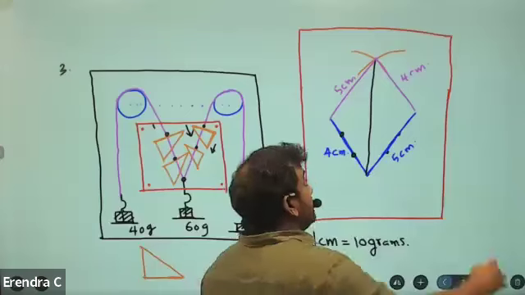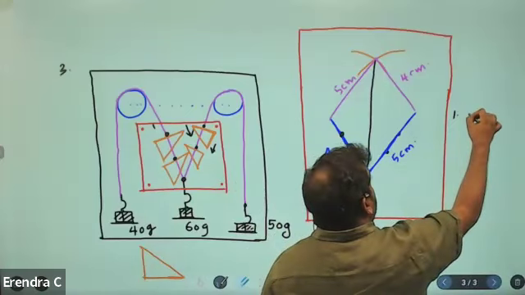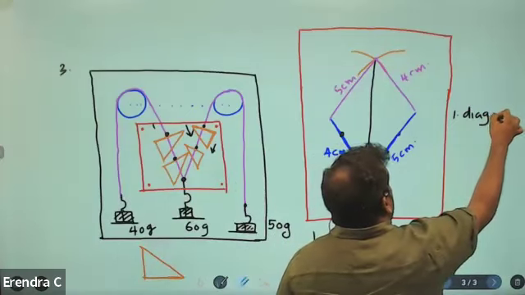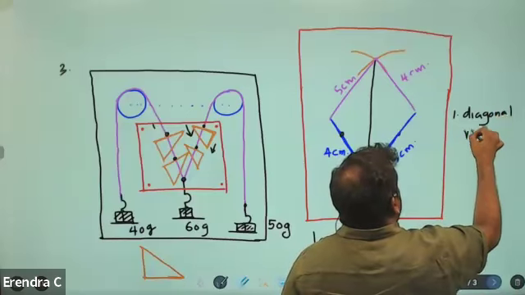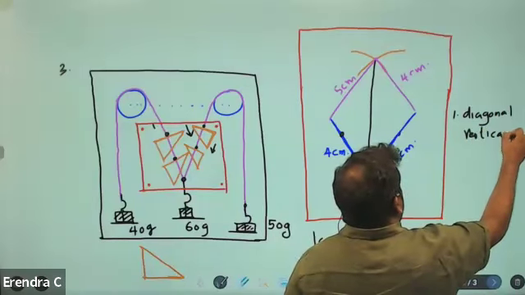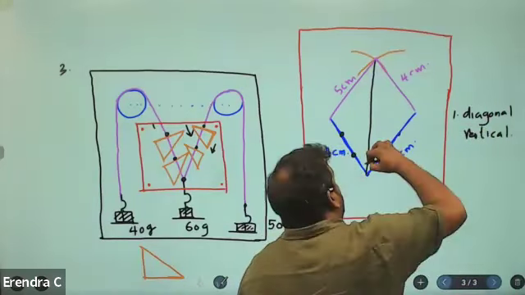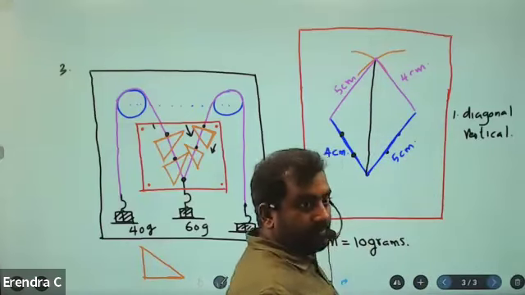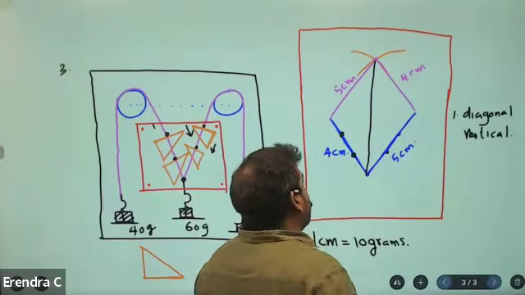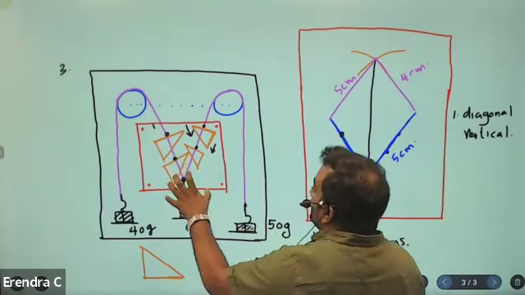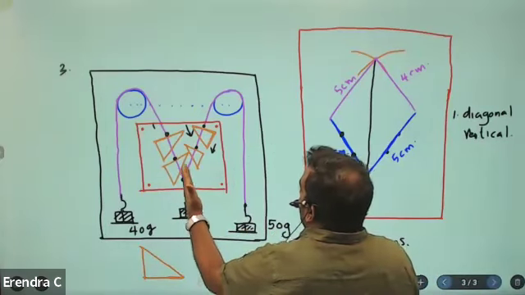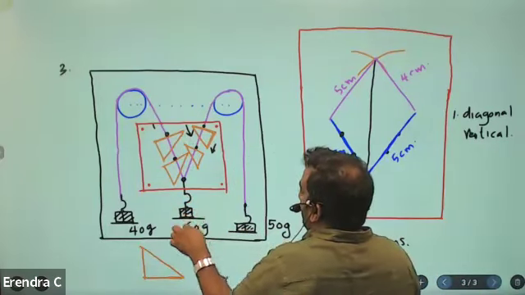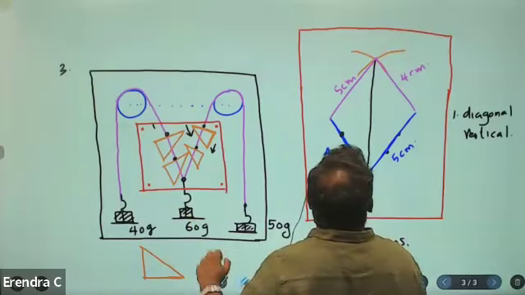First job is check whether the diagonal is vertical. Next is measure the diagonal. And if you measure the length, according to physics, the resultant here should be equal to how much? 60 grams.